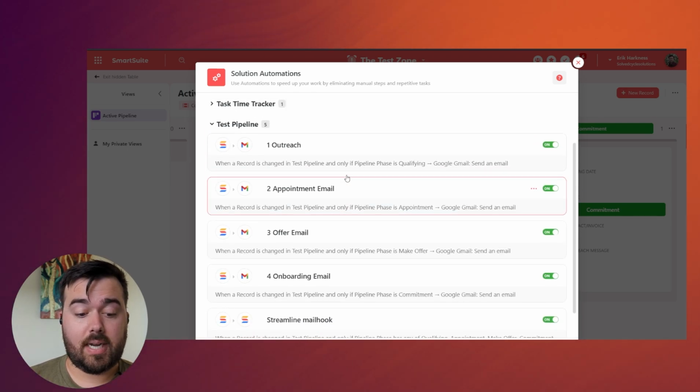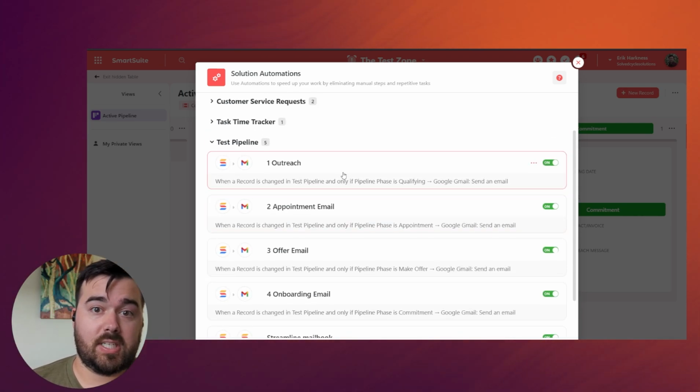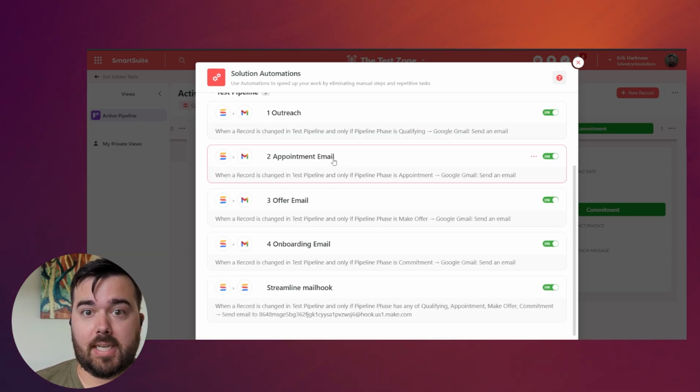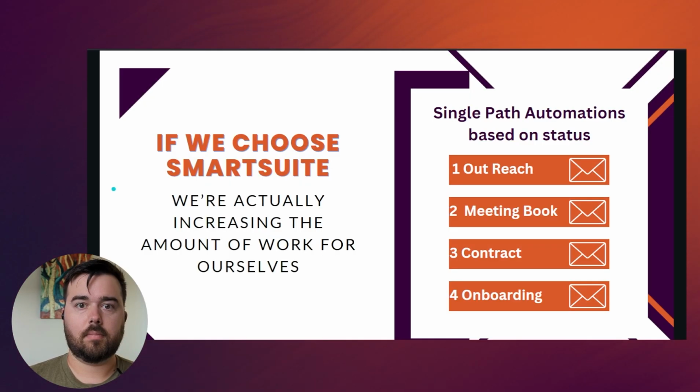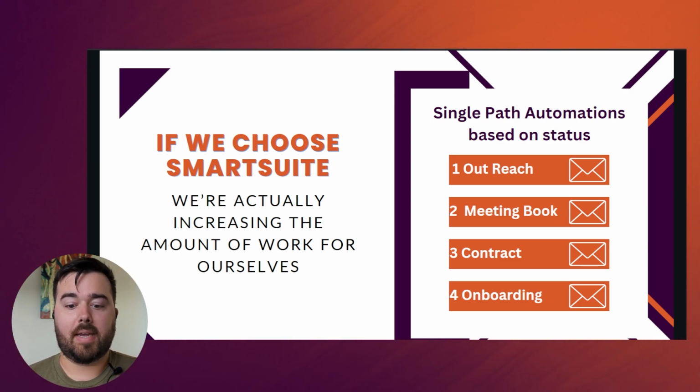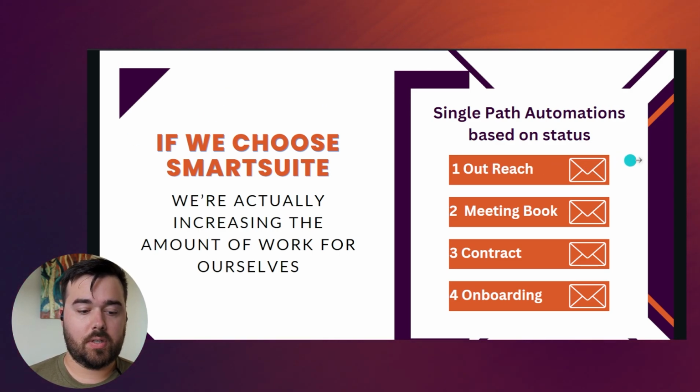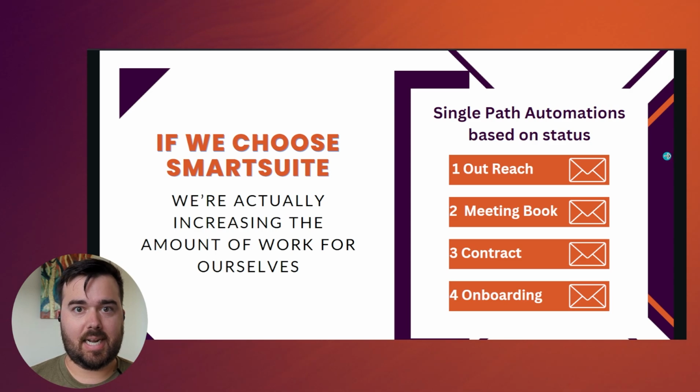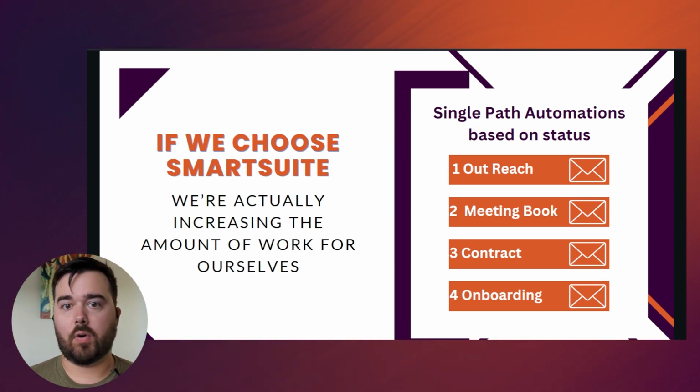Instead, I have to create 4 different automations for this particular workflow. And that's because SmartSuite only uses what's called single path automations. So each of these automations is constantly in one lane, and they cannot set conditional mapping or conditional flows.